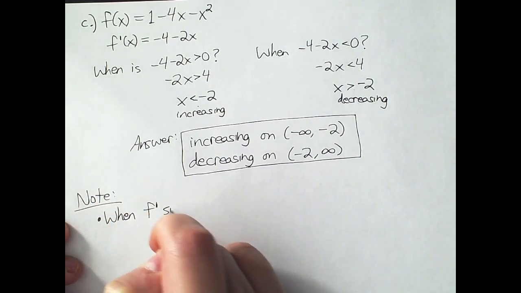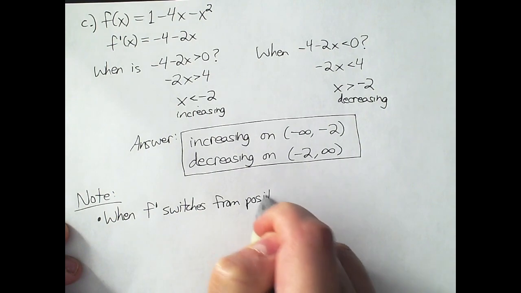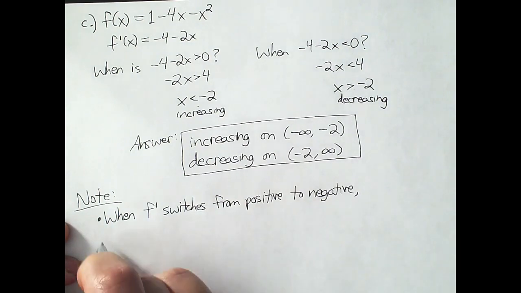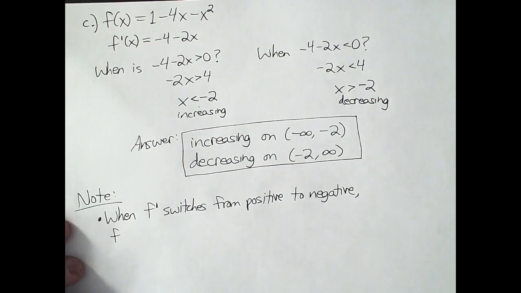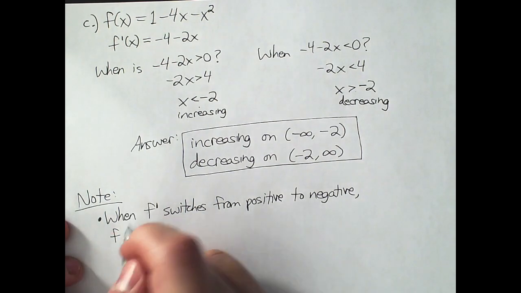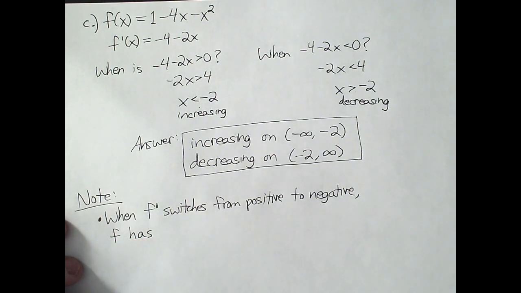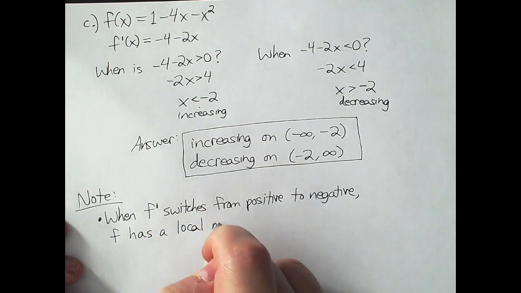When f prime switches from positive to negative, I was about to write something, but I just realized I need to add a little disclaimer to this. I'll write it and then I'll add a little disclaimer. All right, so if we switch from positive to negative, f has a local maximum.